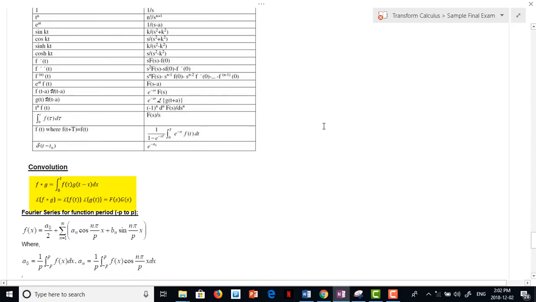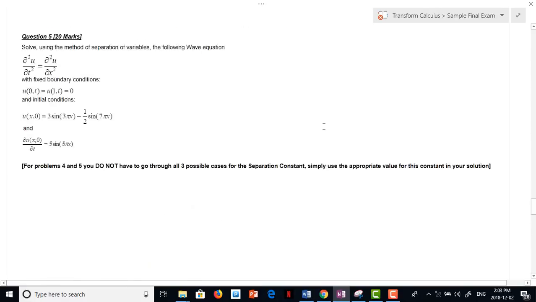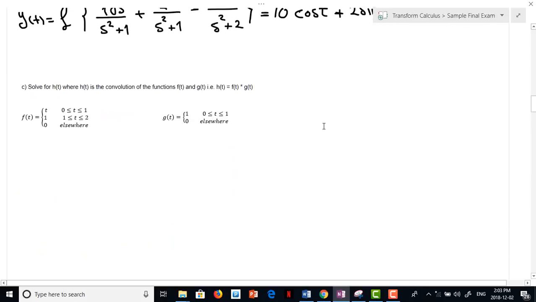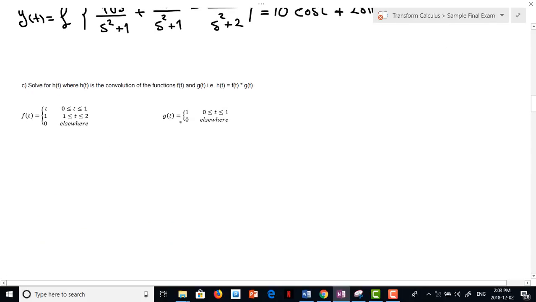In fact, f star g is equal to the integral from 0 to t of f(tau) g(t minus tau) d tau, and we have the Laplace transform of convolution, which is equal to F(s) times G(s).